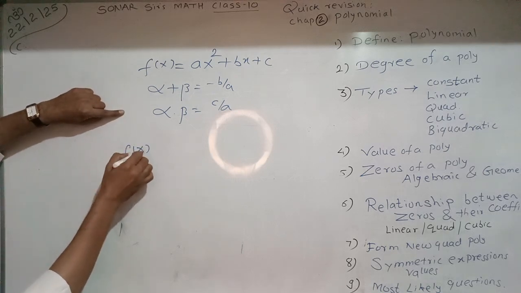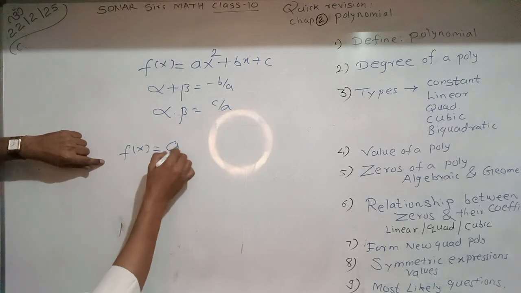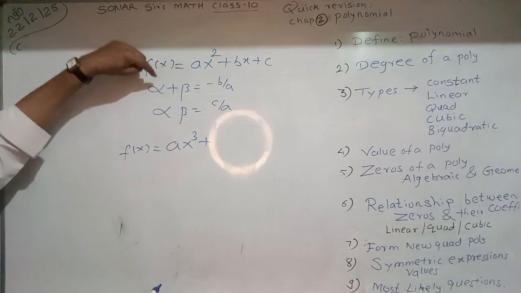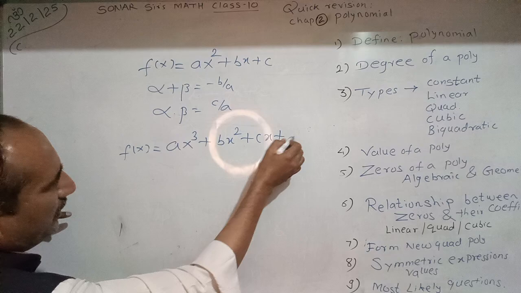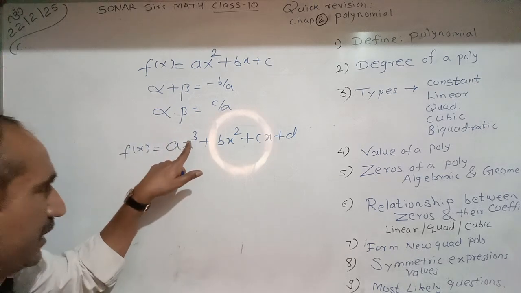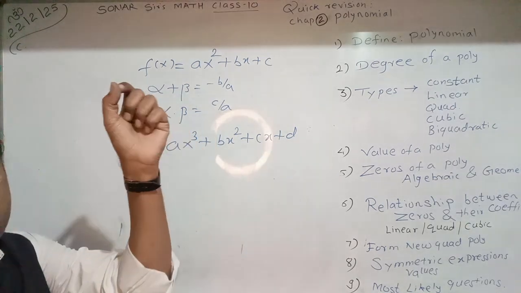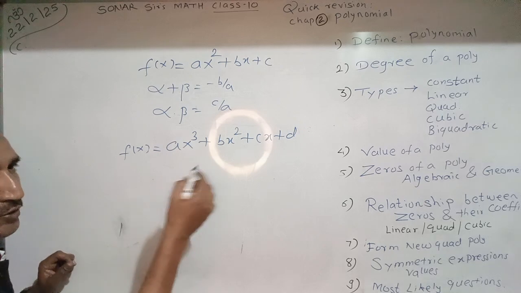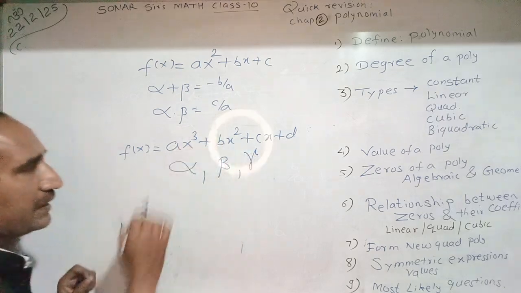Because it is easy to remember only the quadratic. The cubic we will get directly from the quadratic. Ax cube plus bx square plus cx plus d. Now this is a cubic polynomial. As this one is a cubic polynomial, as we discussed earlier, the degree of the polynomial is 3. Therefore, its zeros must be 3. So what are the zeros? Let's assume alpha, beta and gamma.